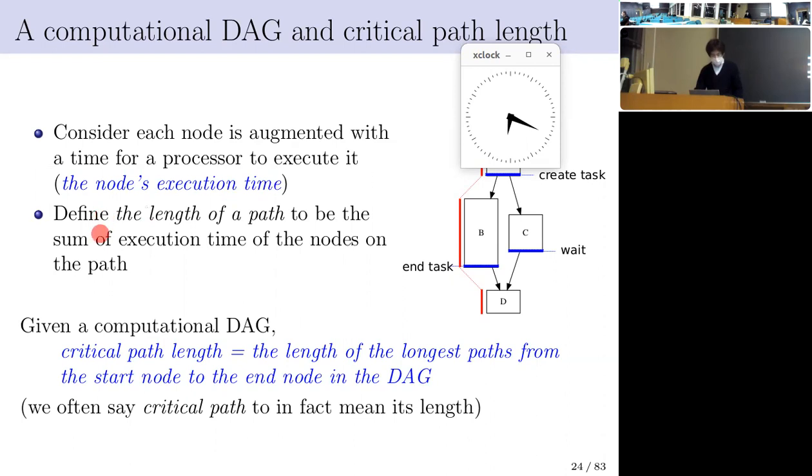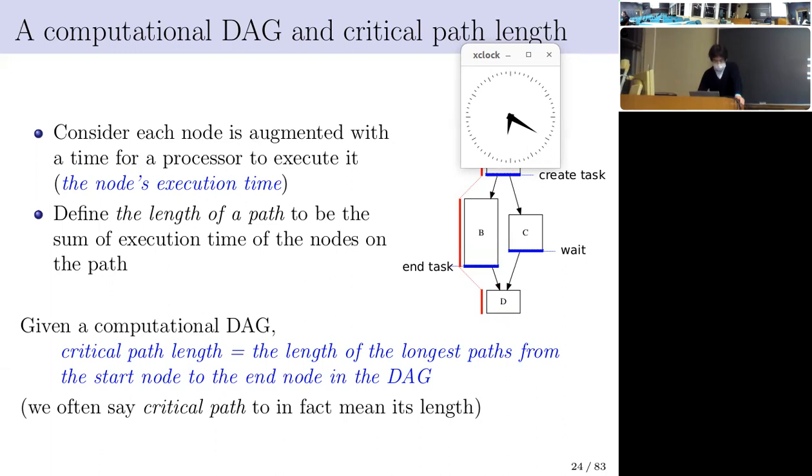Then let's define the length of a path to be simply the sum of the execution times of the nodes on the path. For example, this is a path, A to B to D. The path is a series of nodes all connected by dependencies.